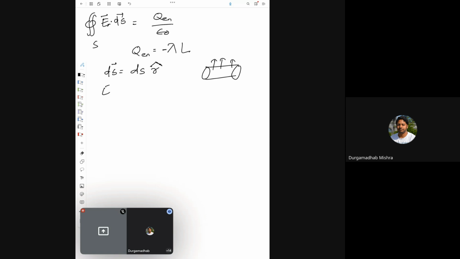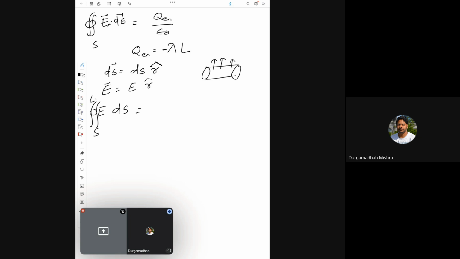Now, the electric field similarly has the same characteristic. It is again radially outward, and it will be constant on this Gaussian surface. Okay, so the same characteristic that we used for the spherical shell. So we can then write down this integral of E into dS.